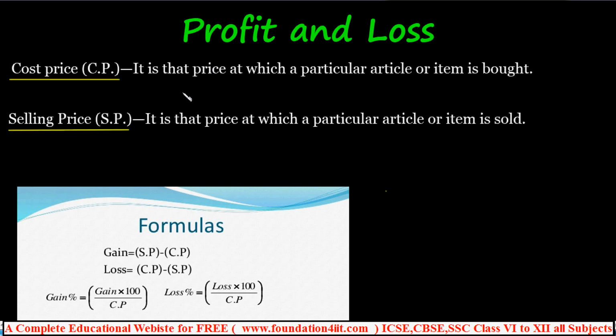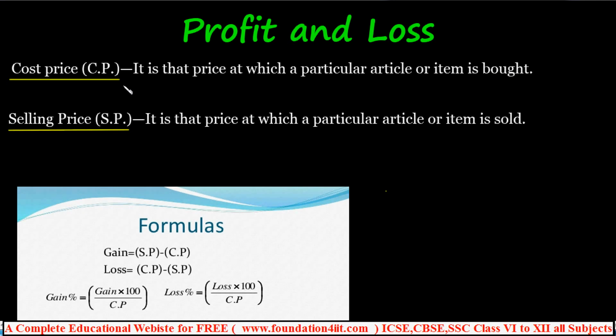First of all, from the basics, let us learn what is cost price. It is the price at which any item you purchase or buy comes under cost price. So if you purchase any article for rupees 1000, that is the cost price. That's why it is the price at which a particular article or item is bought.